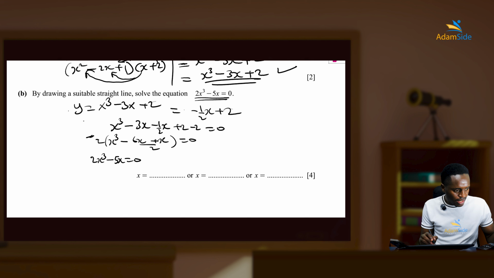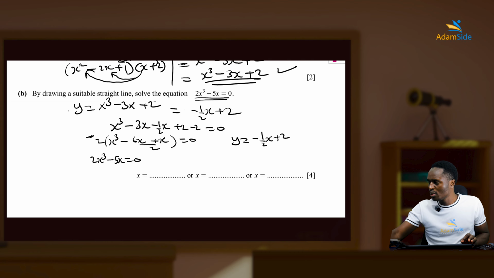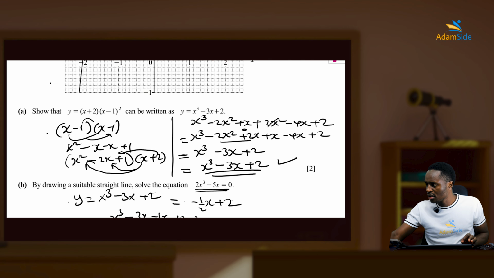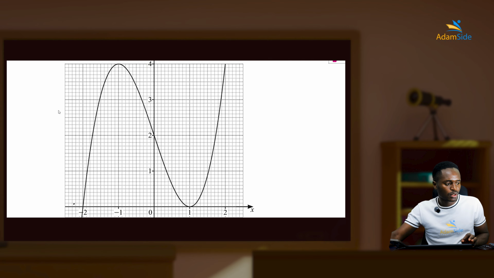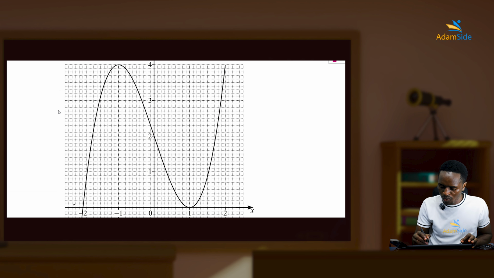Therefore, whatever we're going to plot now is y is equal to negative a half x plus 2 in our diagram. So we'll go back to the diagram. Find the gradient. y is equal to negative 0.5x plus 2.